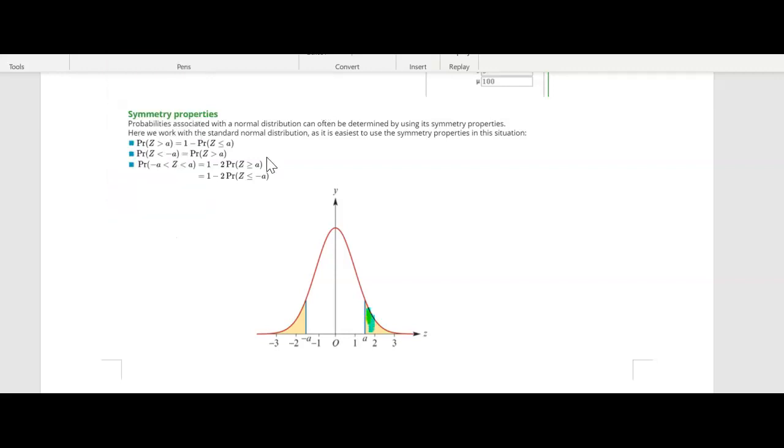This part here is the same as 1 minus the probability that Z is less than A. Okay, so just those symmetry properties. So that area there is the same as this area here, because the normal distribution is symmetrical.